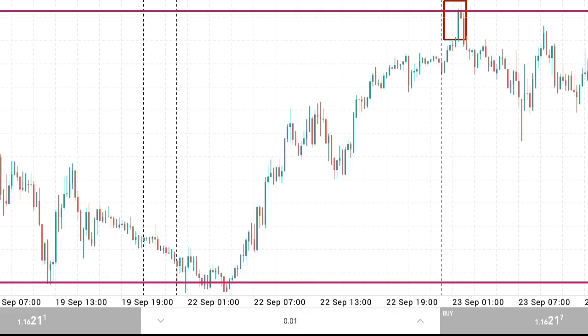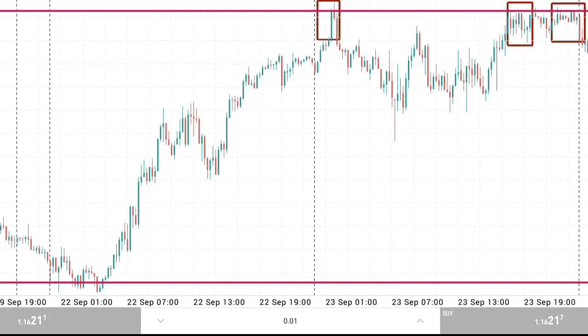We have broken support, broken resistance, verified support, verified resistance, unverified support, unverified resistance. All of these are types of resistance and support. We have tested support and tested resistance. I have done a video on that already. I just want to do this on differentiating between support and resistance and demand and supply.